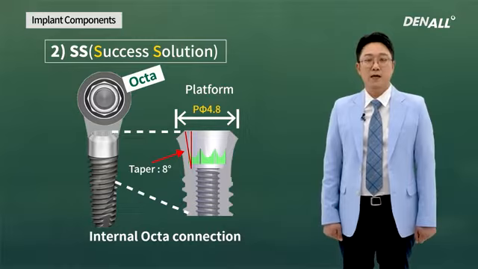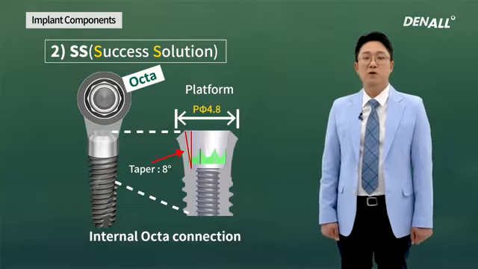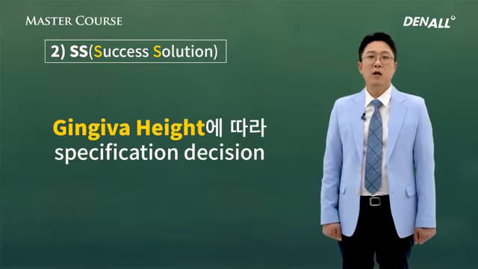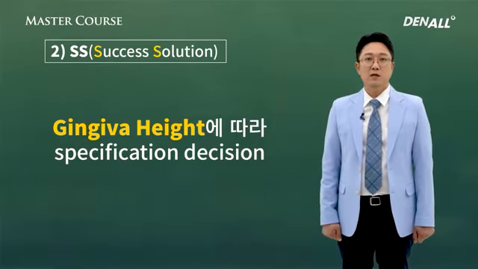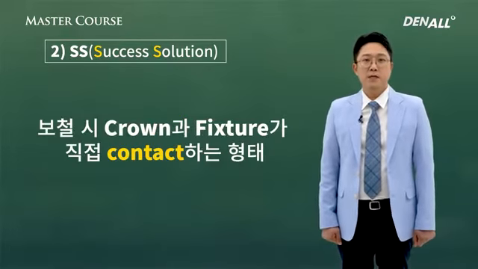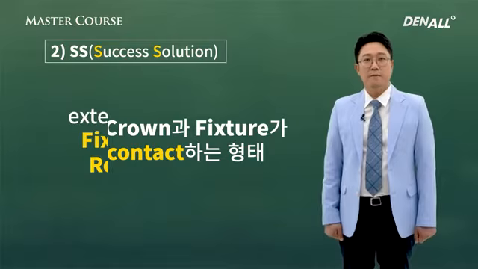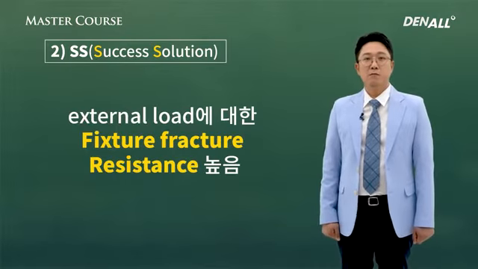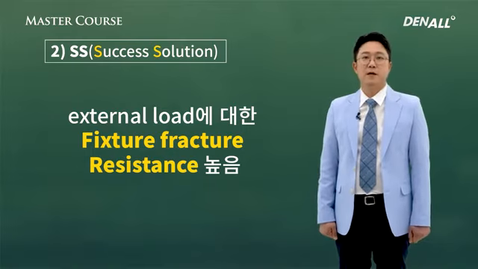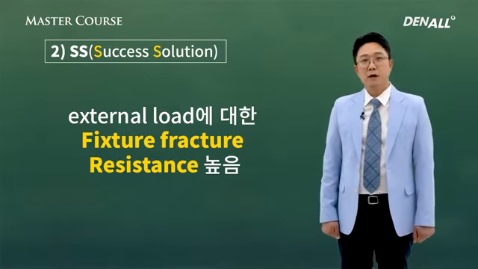Fixture abutment structures, it has cuff type. It is already there, so you need to place it following tissue level, and prosthesis margin is formed at fixture platform. The internal thickness of fixture is thick, so paired with internal submerged implant, it has higher resistance against the fracture.